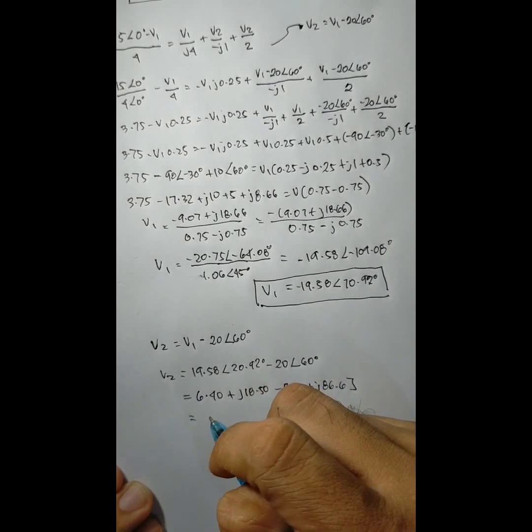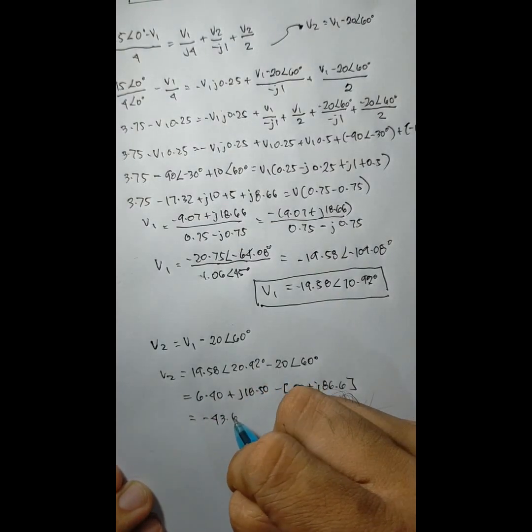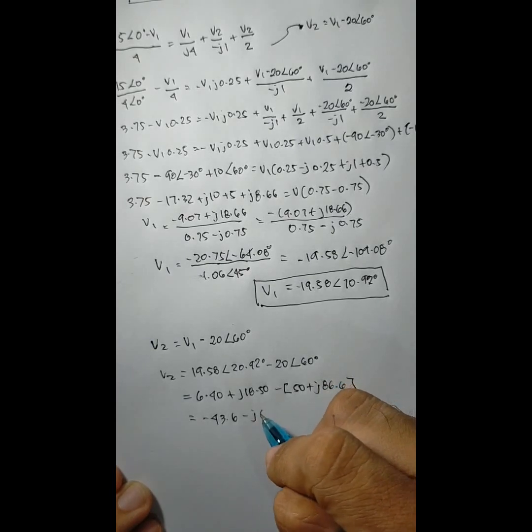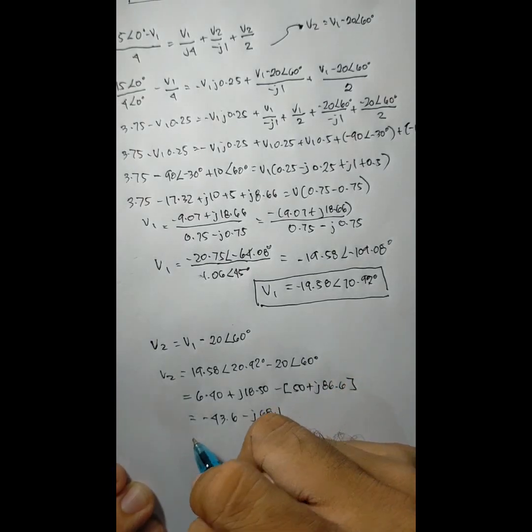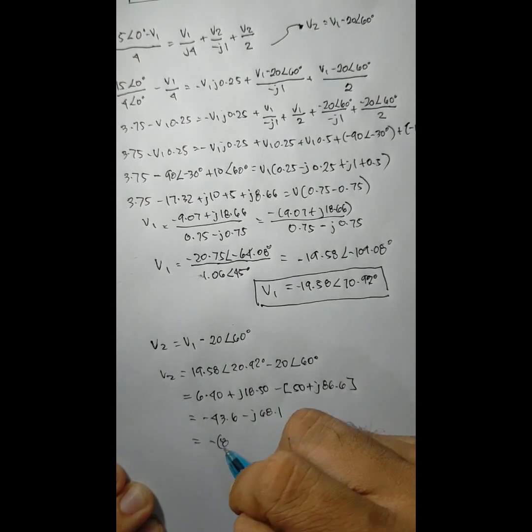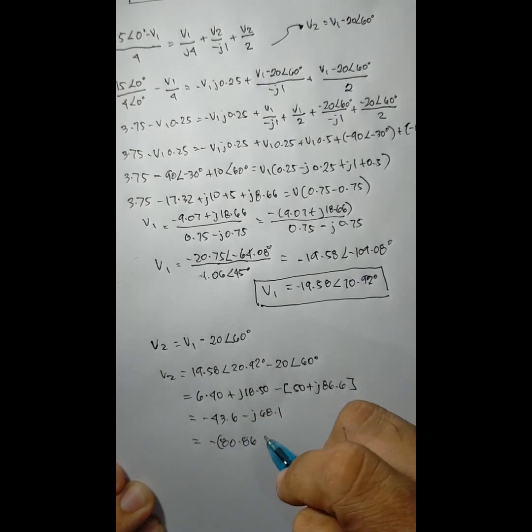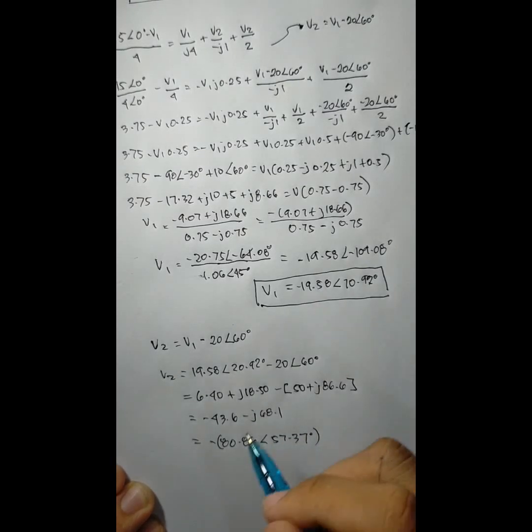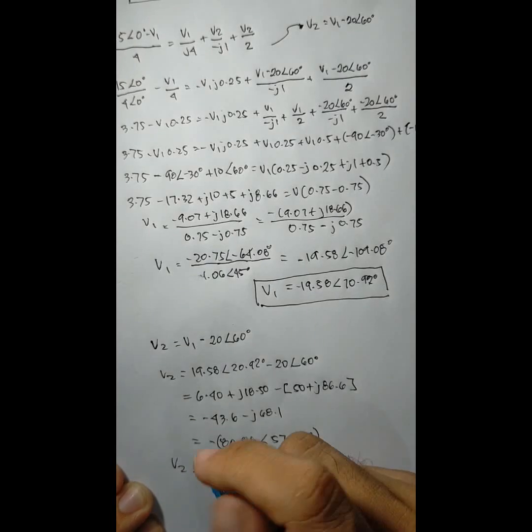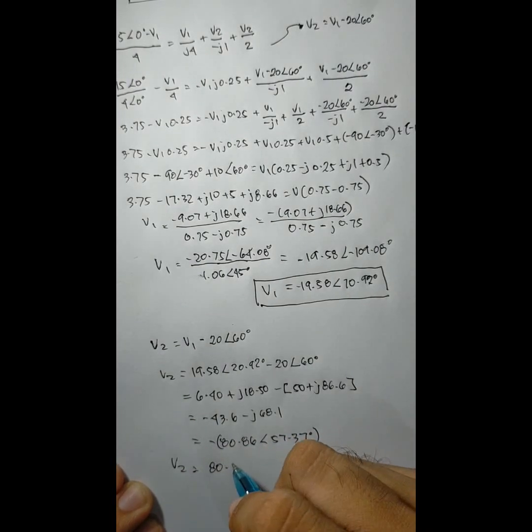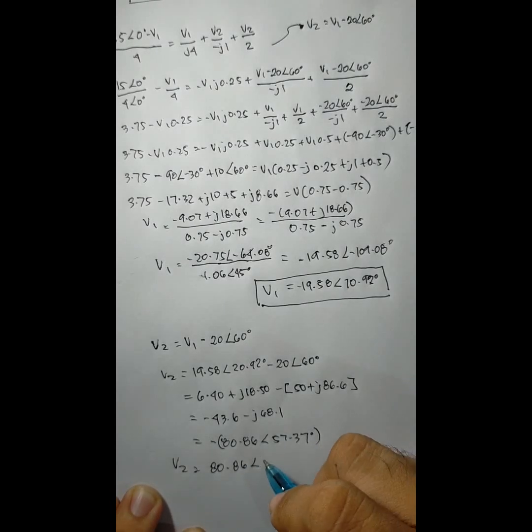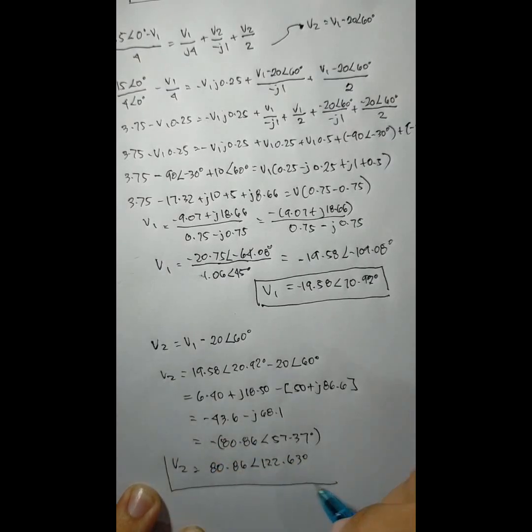This will become equal to negative 43.6 minus j68.1. This will become negative 80.86 angle of 57.37 degrees. And our final answer is V2 is equal to 80.86 angle of 122.63 degrees. And this is our final answer.